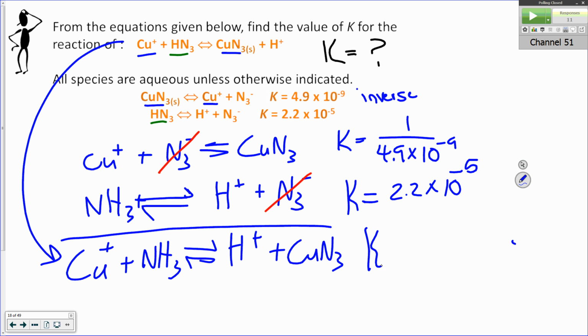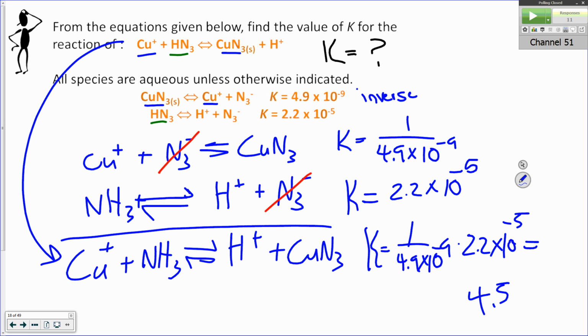So my K that I'm looking for in my system is just going to be the product of the Ks for these two systems. All right, 4.5 to the third.